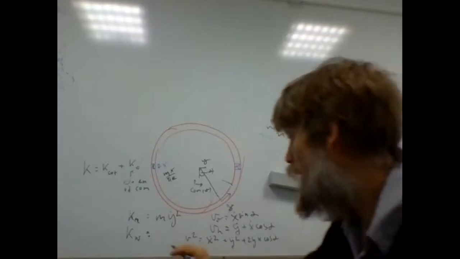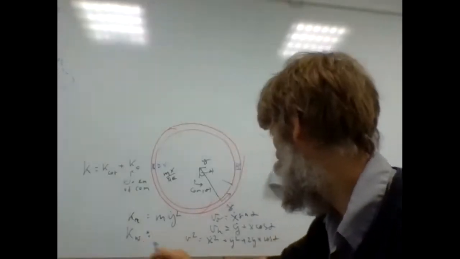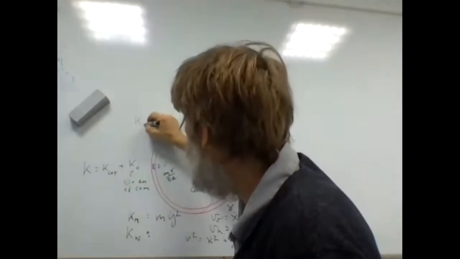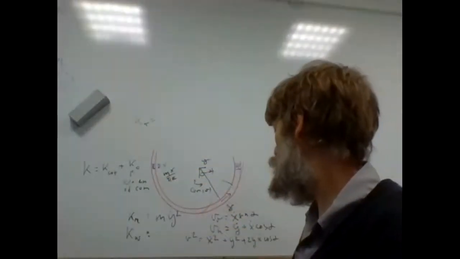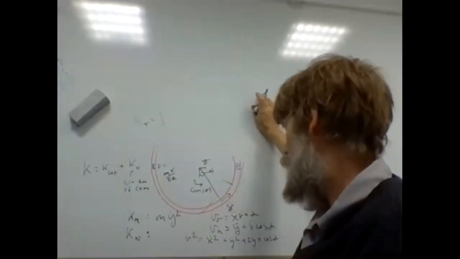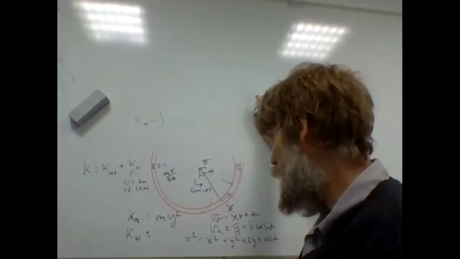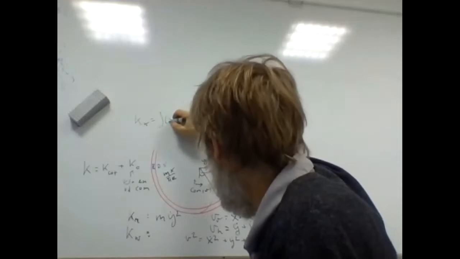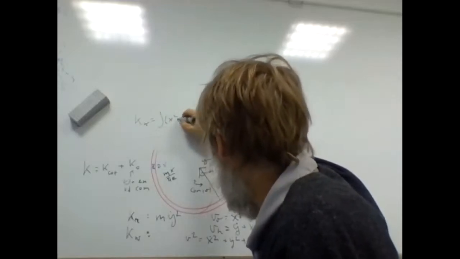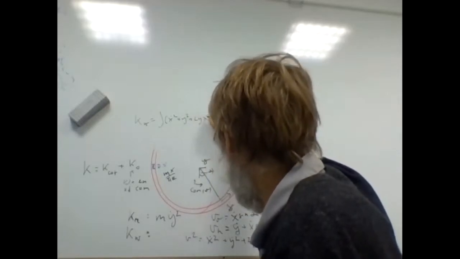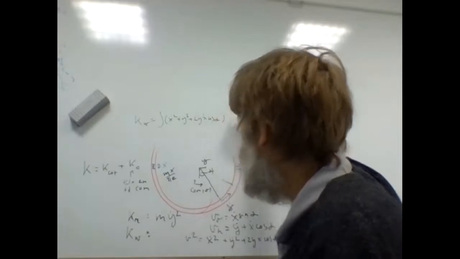Then Kw equals the integral of x dot squared plus y dot squared plus 2 y dot x dot cosine alpha, multiplied by dm.